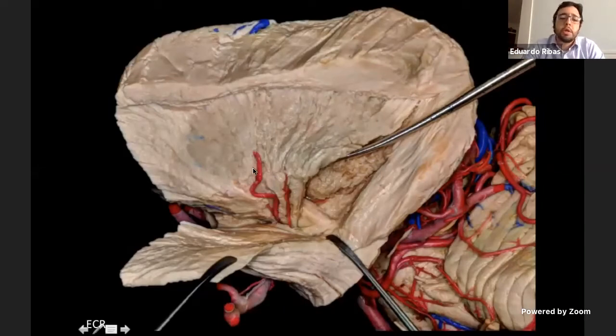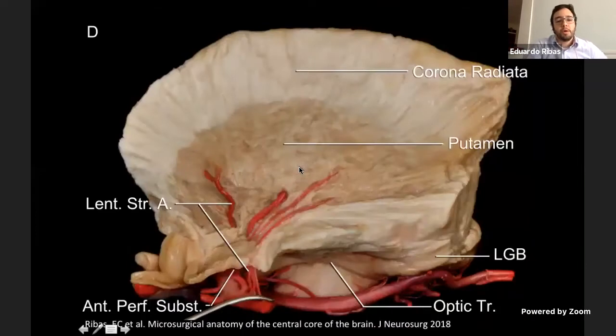You see the lenticulostriate arteries. They are mainly medial to the external capsule. They are medial to the IFOF, and here they are supplying the putamen. So here are the lenticulostriate arteries perforating the anterior perforated substance and continuing to the putamen.